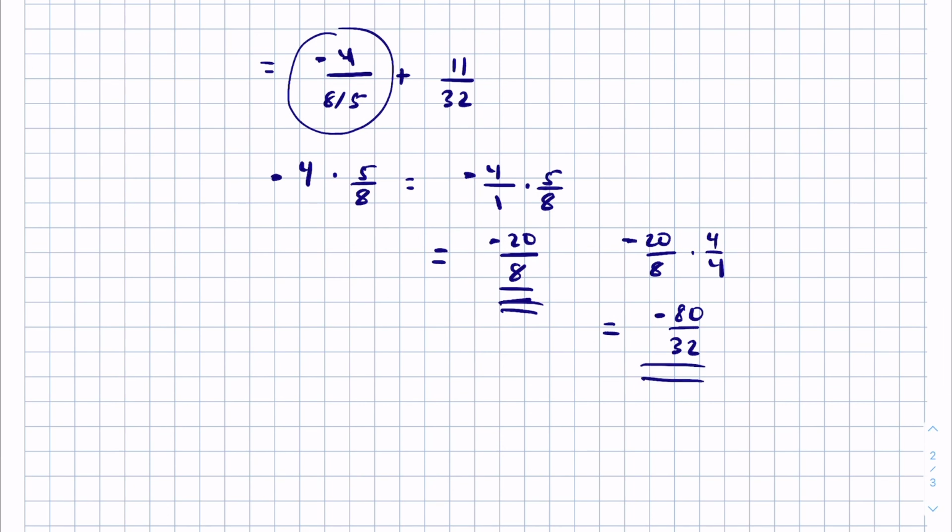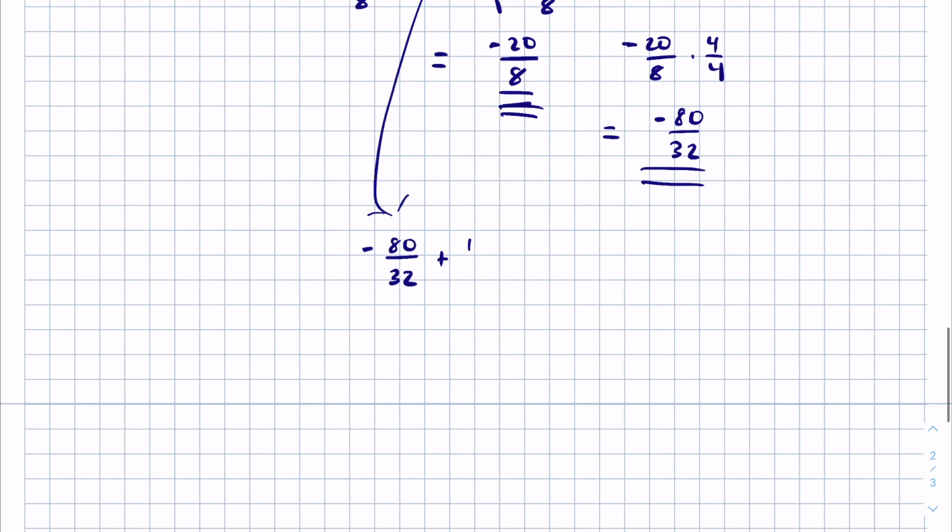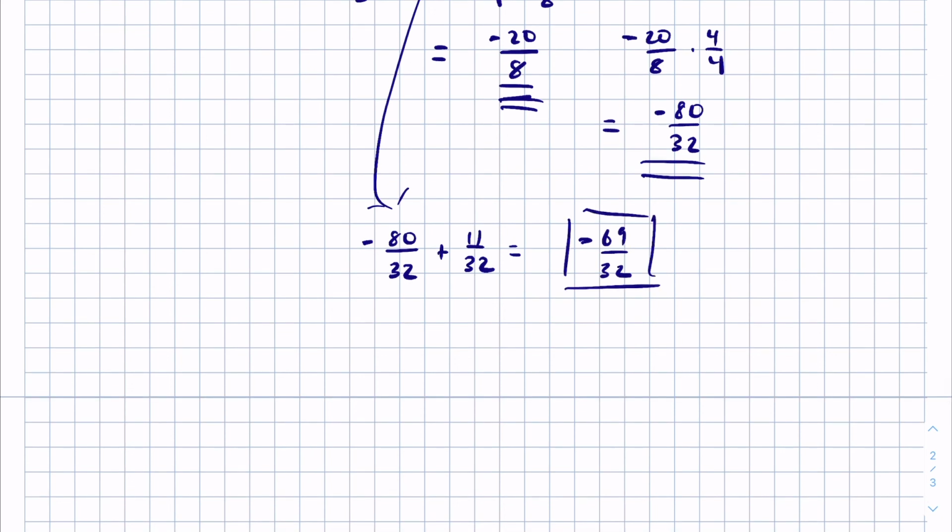Now we can take this fraction, pull it over here, and add these together: negative 80 over 32 plus 11 over 32 is going to be equal to negative 69 over 32. And this will be the final answer.